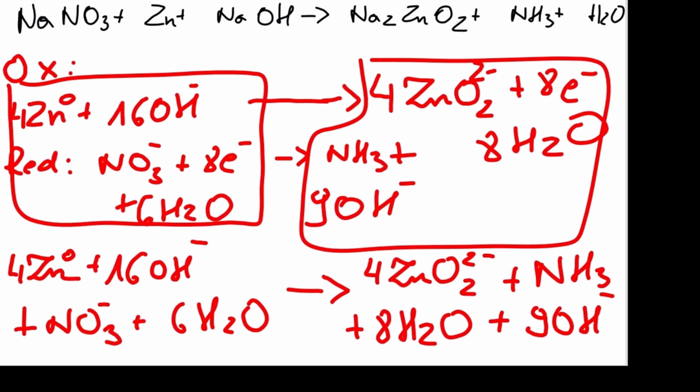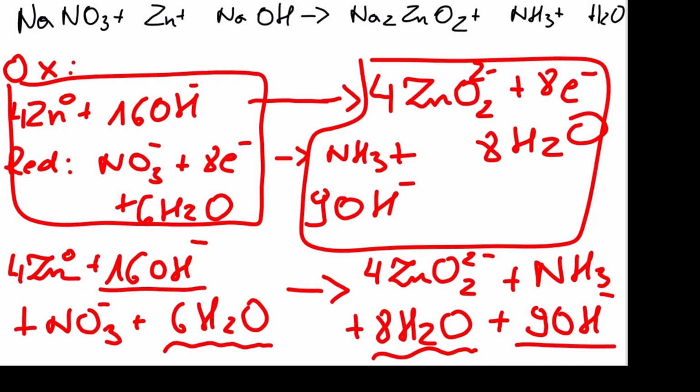Okay, let's see that on the right as well as left side of this reaction we have similar ingredients. I mean hydroxide ions here and here, water particles here and here. So we need to remove some of them.